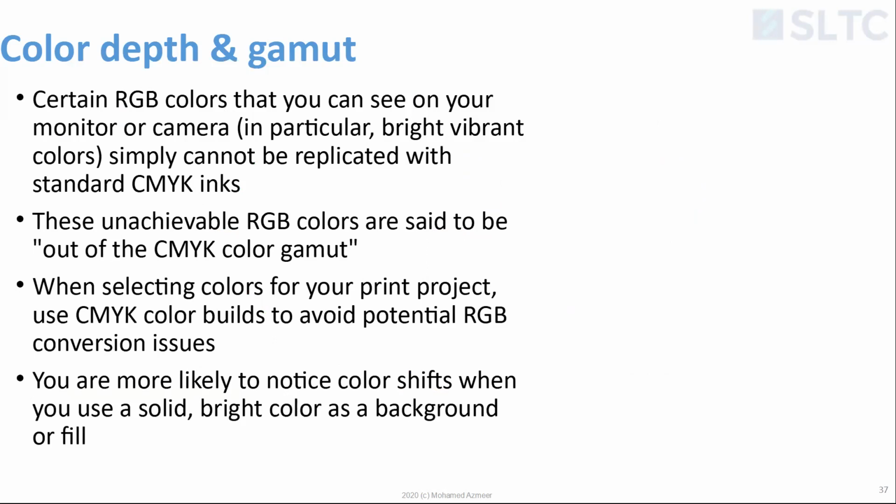Remember, we are using devices to capture colors. Now we are using a device called a camera to capture the colors in nature. And then maybe we are printing that on a piece of paper. Then we are using another digital device called a scanner to scan that. And then we use another digital device called the monitor to see that.